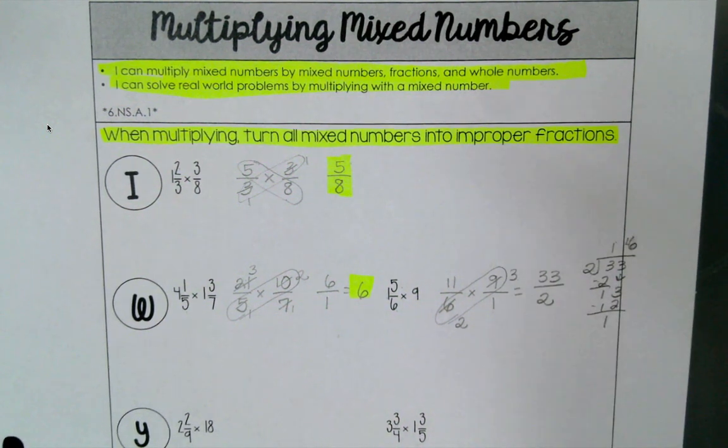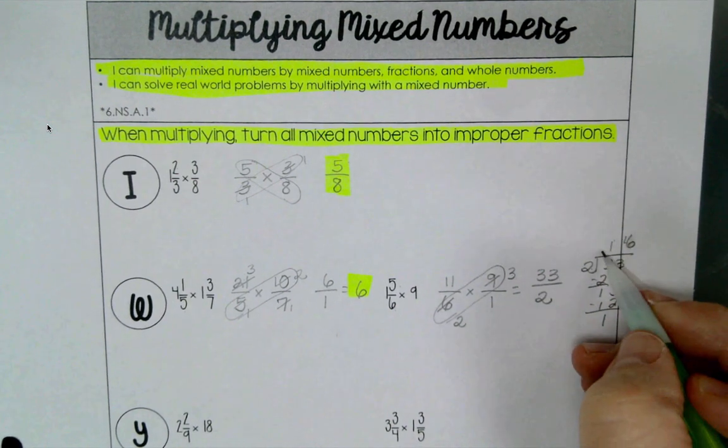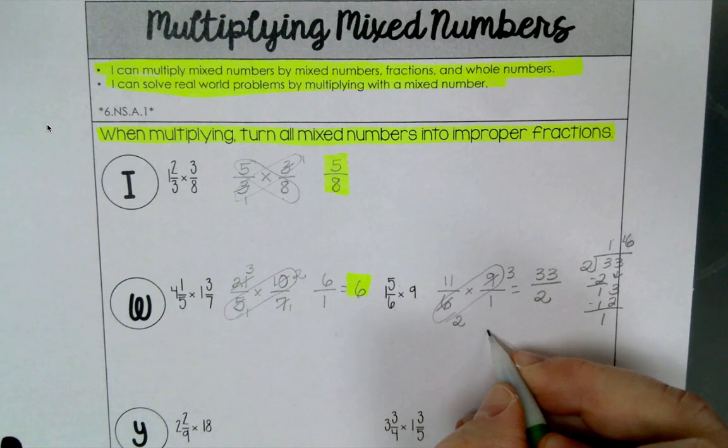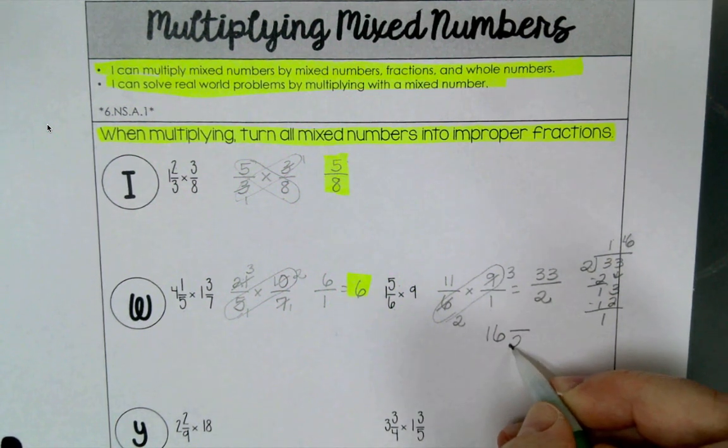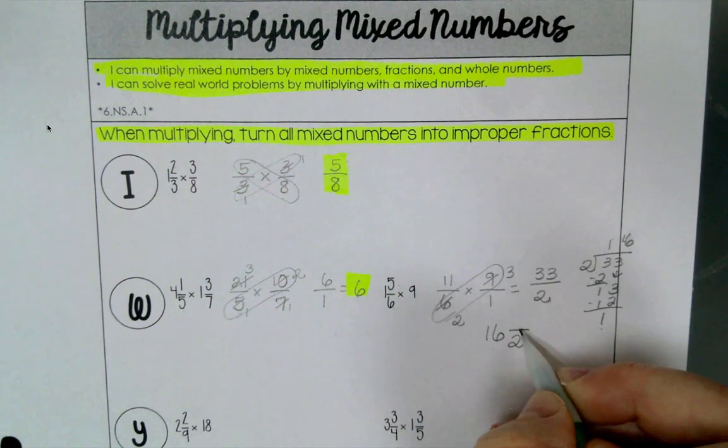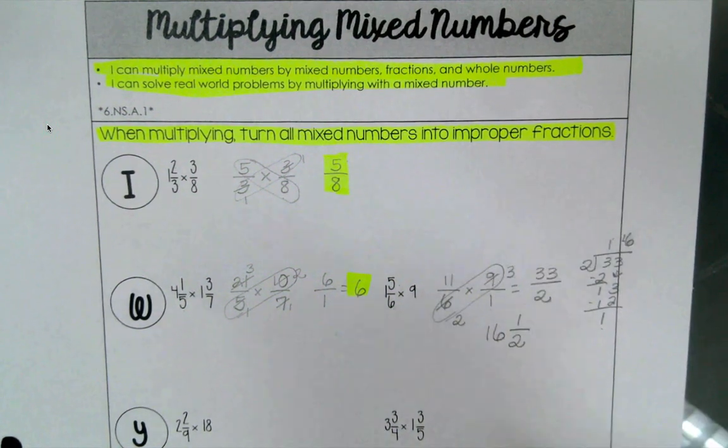And I have 1. You have to turn this into a mixed number. So remember, from my previous notes, my whole number is going to be 16. My denominator stays the same. My remainder is my numerator, and I'm there.